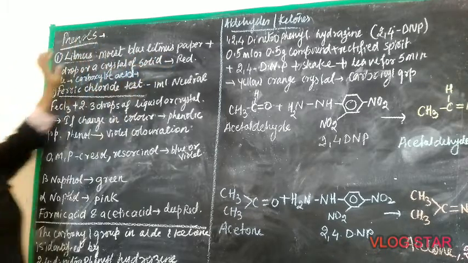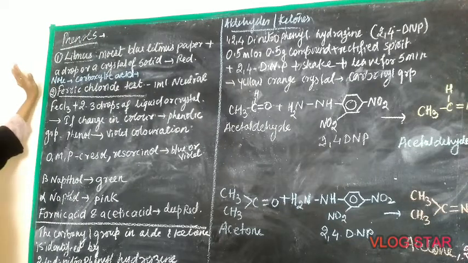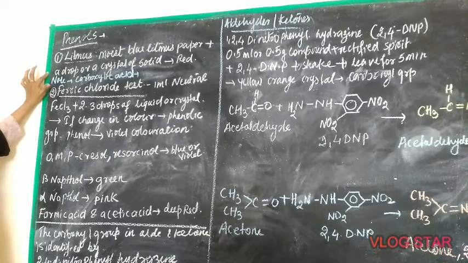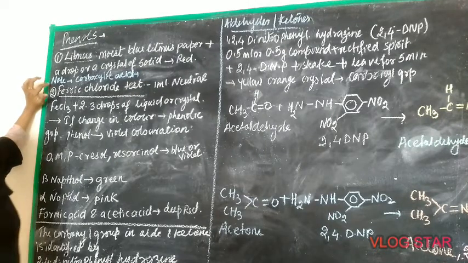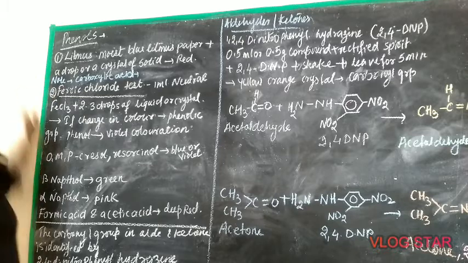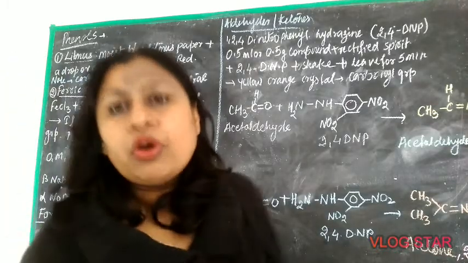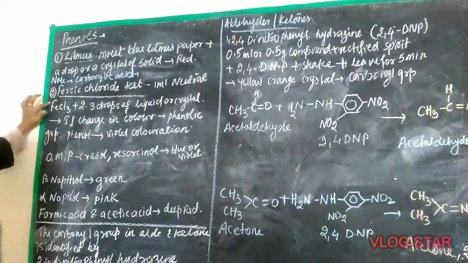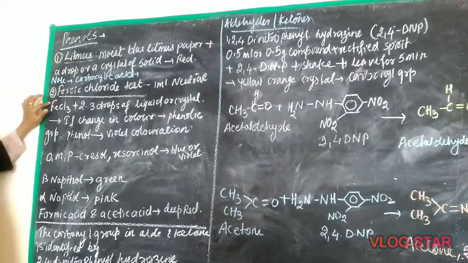If the litmus paper turns red, that means phenols are present. Children, this litmus paper test is given by carboxylic acid also. But phenol does not give any effervescence with sodium carbonate solution. Right?